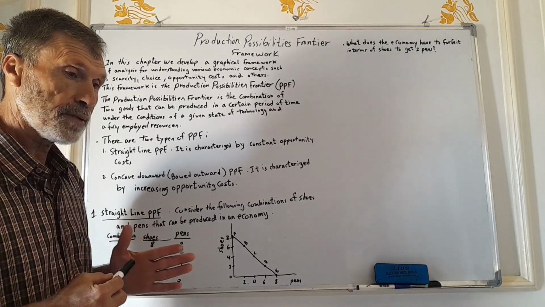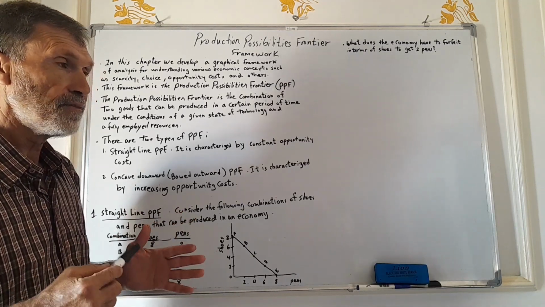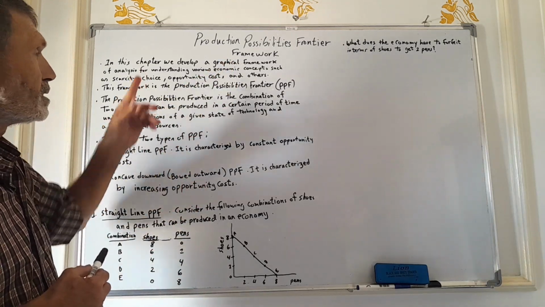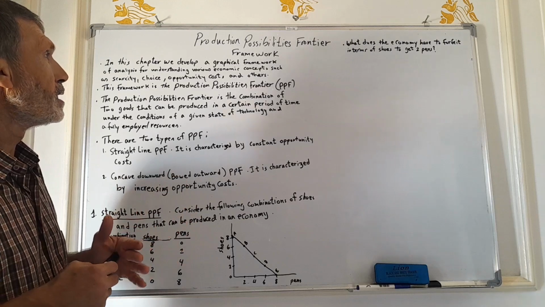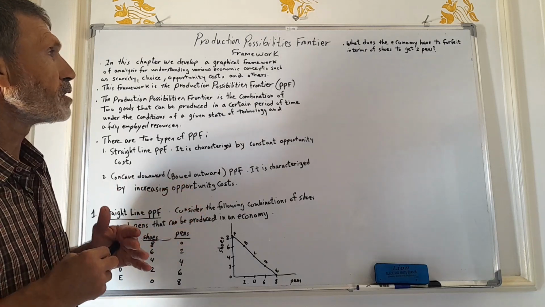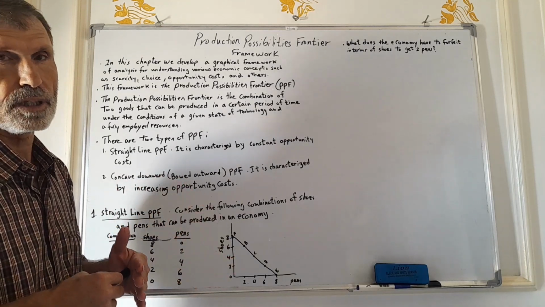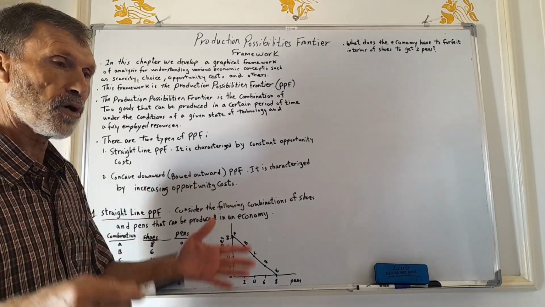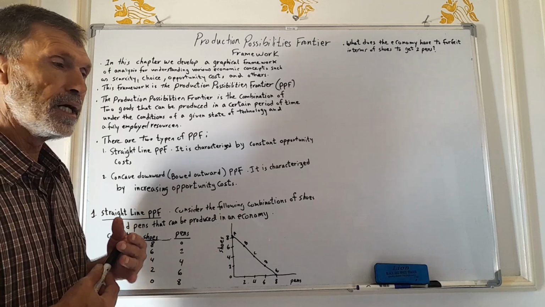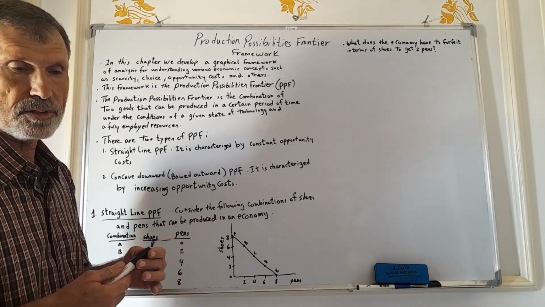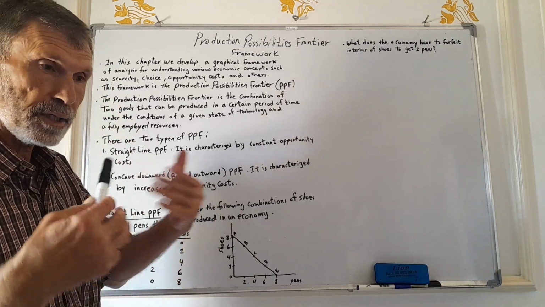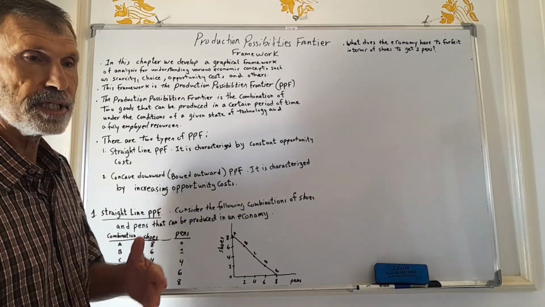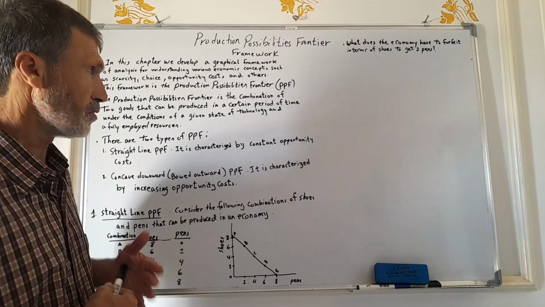So here in this chapter, we're going to develop a graphical framework of analysis for understanding these economic concepts and other economic concepts, such as comparative advantage, specialization and trade, and so on and so forth.